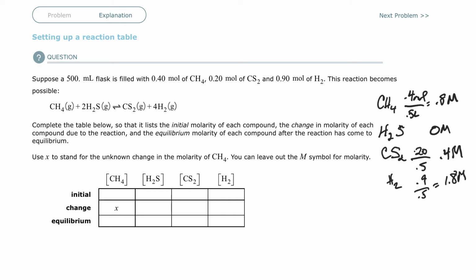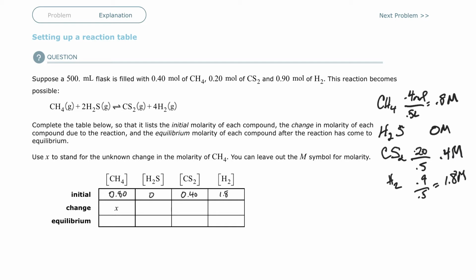So I'm just going to put this here. So that's your initial molarities.